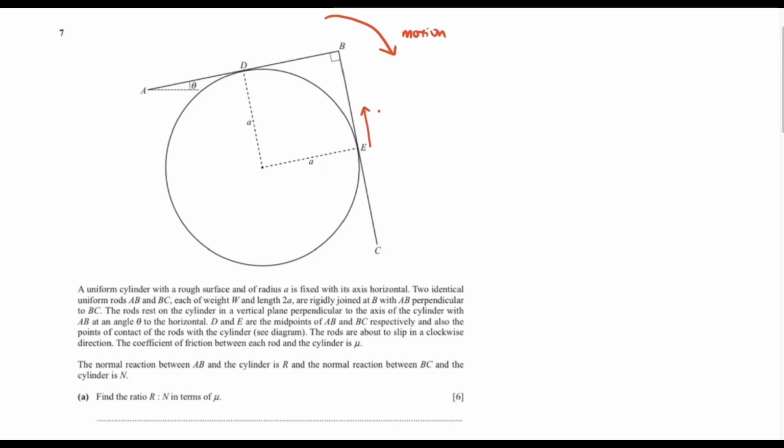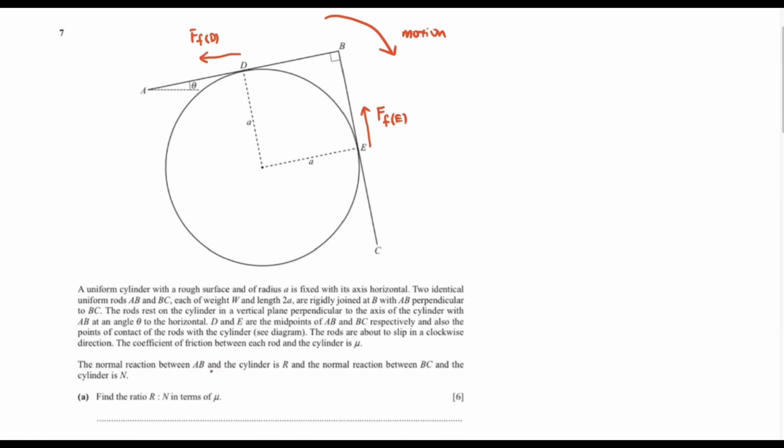This is the friction. I call it F, friction at point E, acting opposing the motion. The motion is clockwise. So likewise here, the friction is acting this way. I call it the frictional force at point D. The friction is in that way.